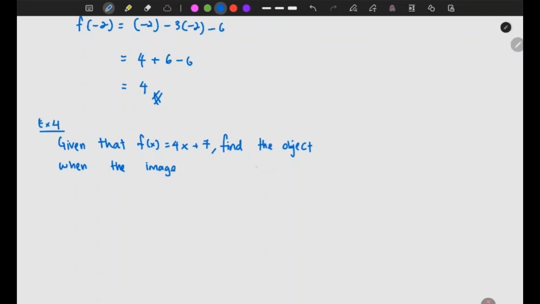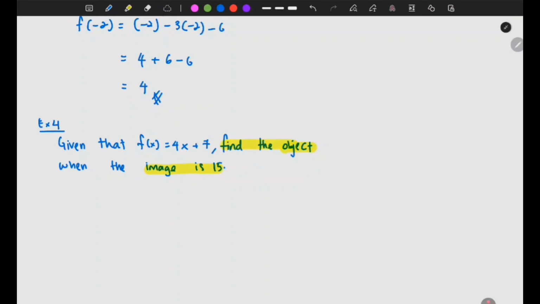This time around, they didn't say x, they didn't say f(x), but instead they use words to represent a function. So don't worry. They say object, they say image, they say find the object.